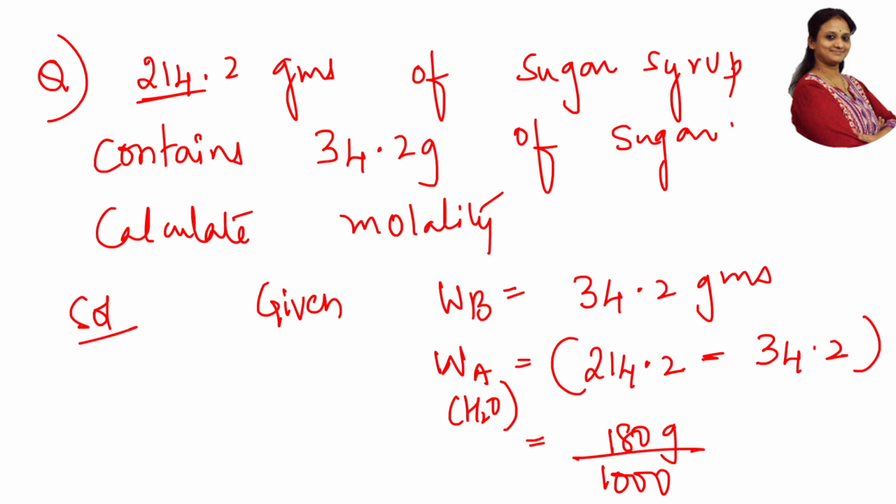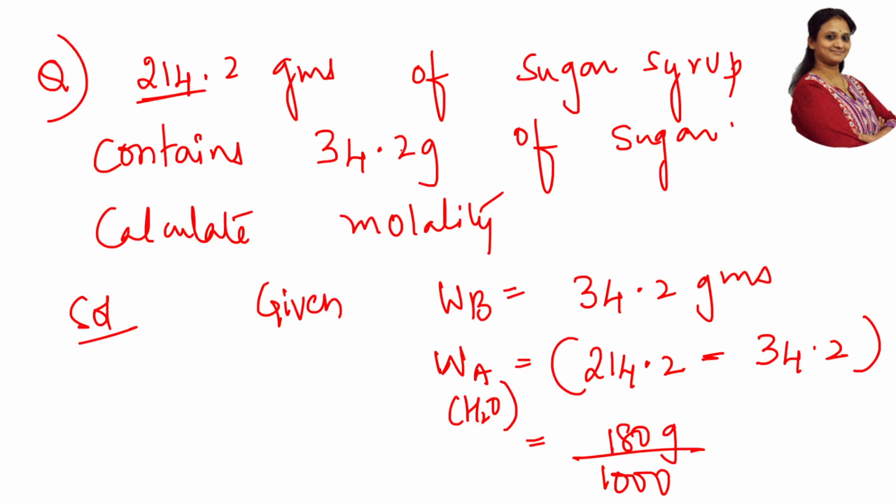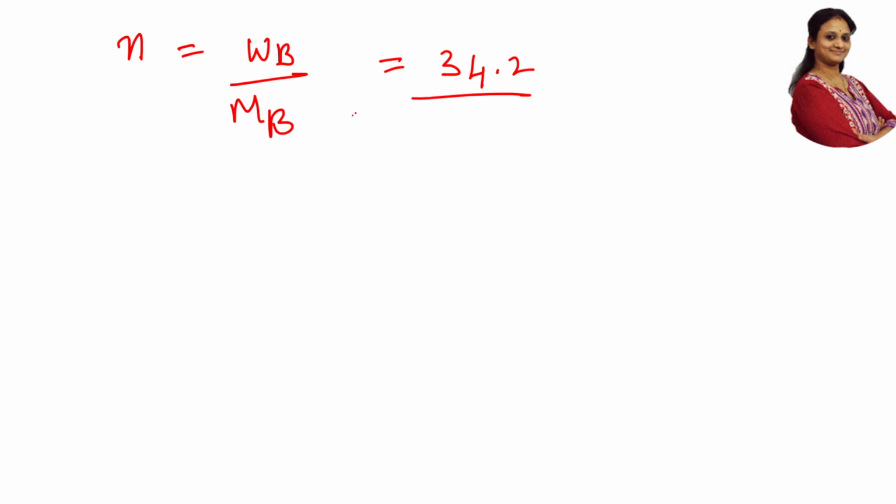Now next I have to calculate the number of moles, n. What is n? WB by MB. The weight given is 34.2. What is MB? They didn't say glucose, they said sugar. The molecular weight of sugar is 342.